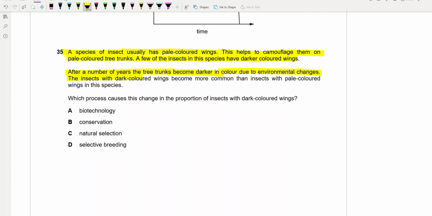The insects with the darker colored wings become more common than the insects with pale colored wings in the species. Which process causes this change in the proportion of the insects with dark colored wings? Option A, biotechnology. Option B, conservation. Option C, natural selection. Option D, selective breeding. The correct answer would be natural selection, option C.